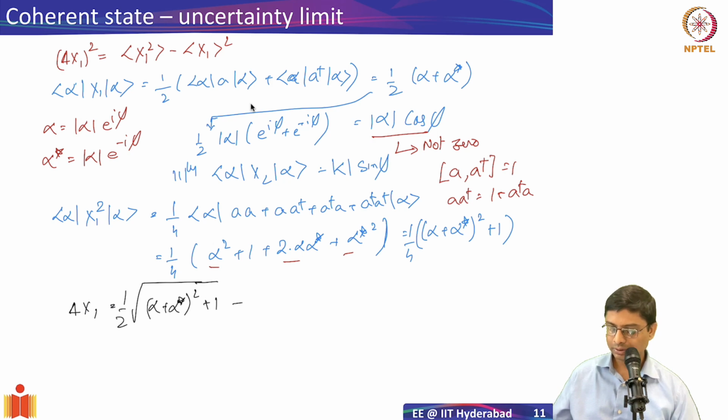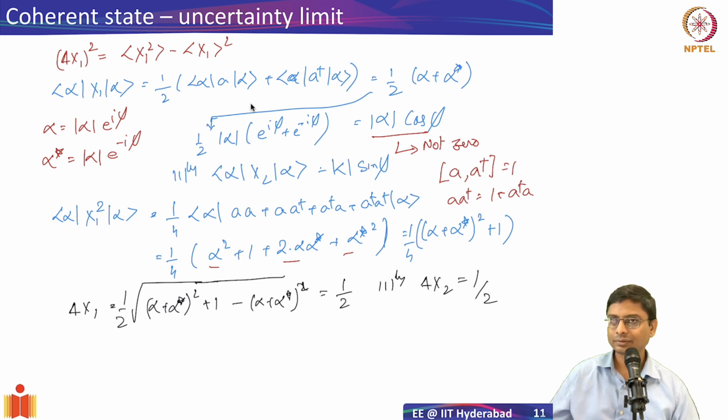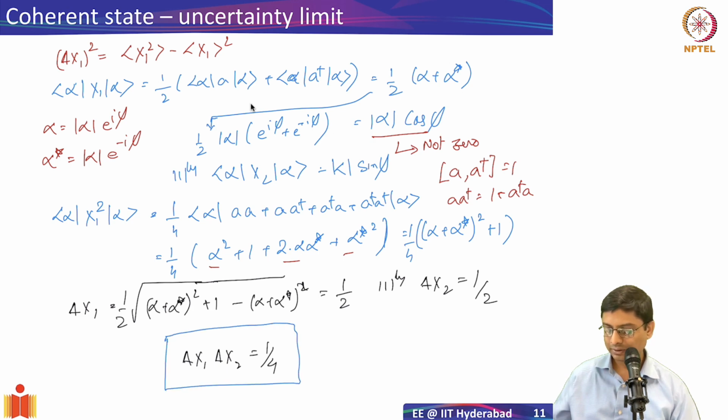The mean square of the alpha plus alpha star term is 1 by 4 that comes out anyway, so that is going to be equal to 1/2. Similarly, delta x2 is going to be equal to 1/2. So my uncertainty delta x1 times delta x2 is equal to 1/4. So if I have a coherent state, I'll have my uncertainty relation at its minimum.